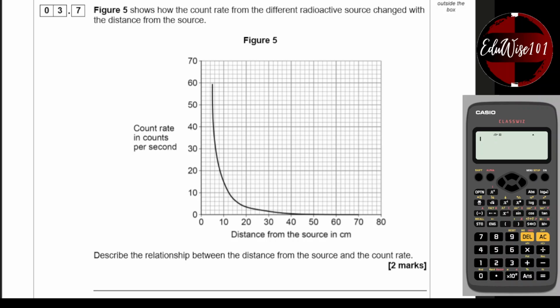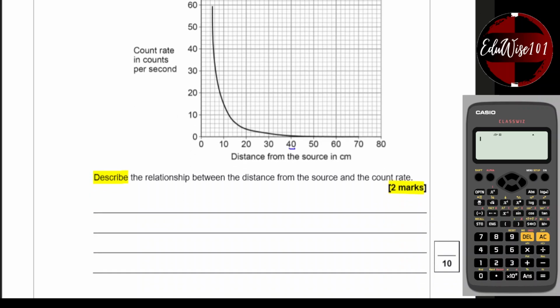By the time it reaches nearly 40, it's nearly 0. Describe the relationship between the distance from the source and the count rate. The keyword is describe, and it's out of 2 marks here, so you need to say at least 2 points.